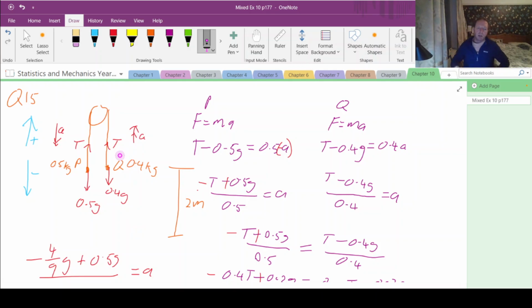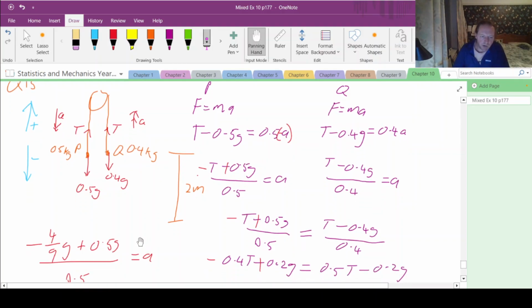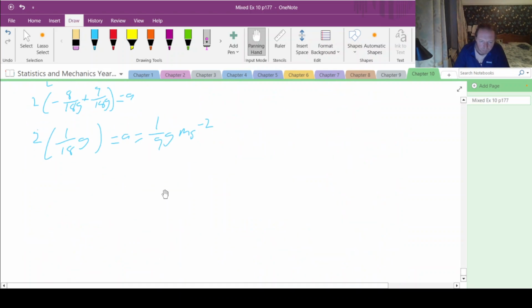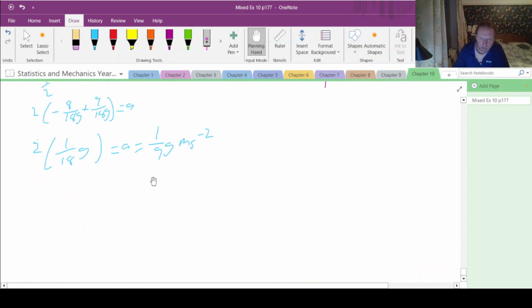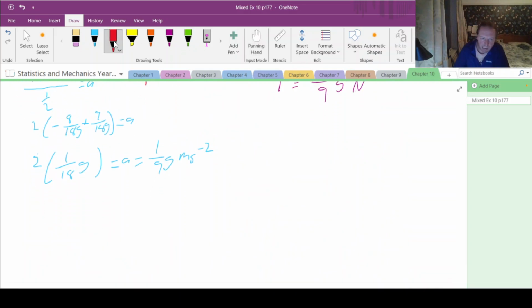Okay, that's got a lot of stuff in it. So let's first start with P traveling downwards for 0.2 seconds. Okay, so at that point, let's do a suvat on it and see how far it goes up, or what speed it's doing actually. Let's just do suvat and see what we've got.